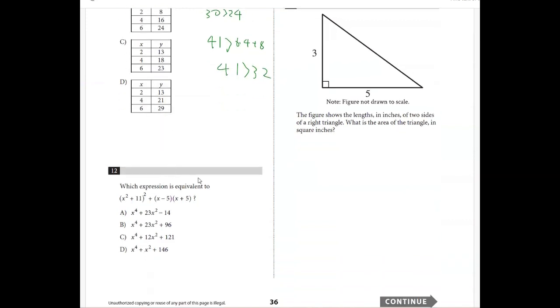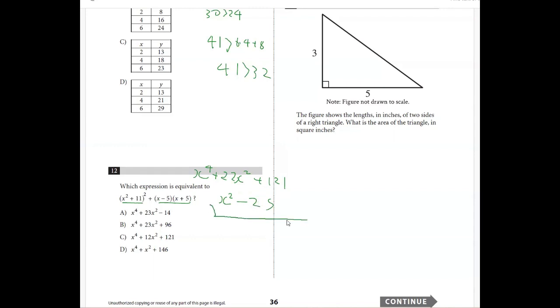Which of the expressions is equivalent to this here? All you got to do is try to figure this out here. So it becomes x squared minus 25. And this one is x to the power 4 plus 22x squared plus 121.